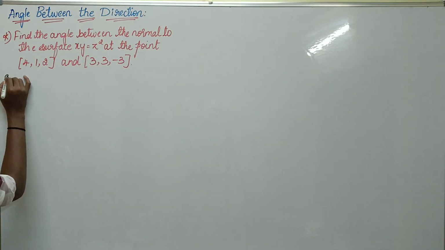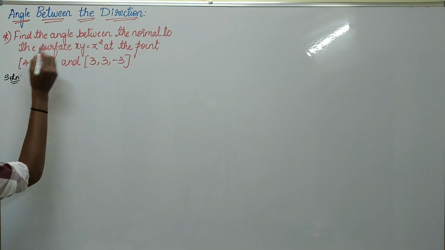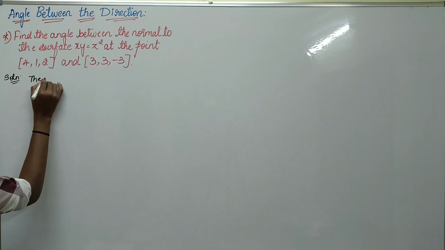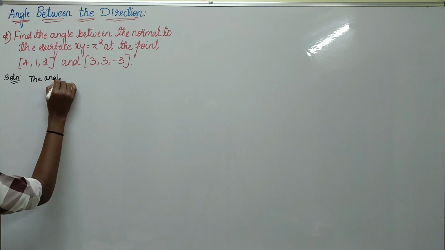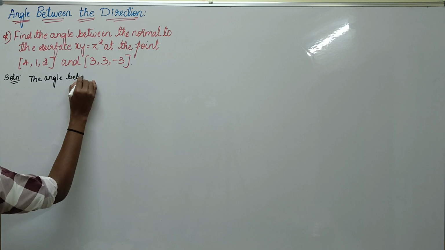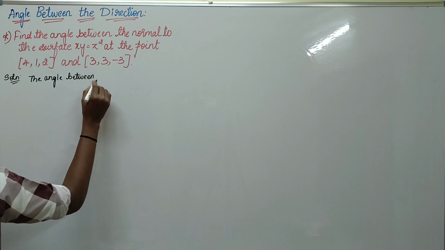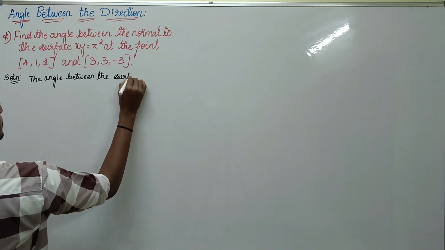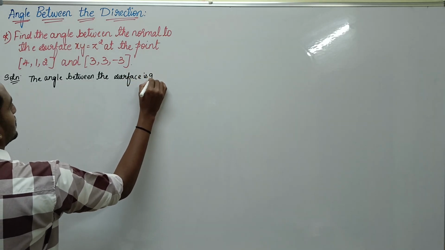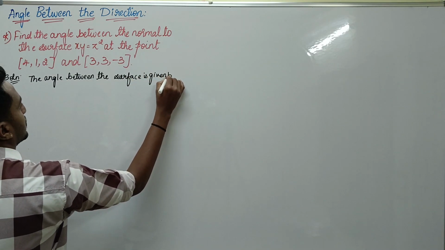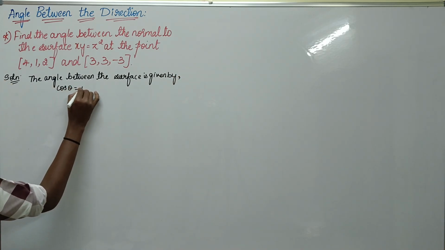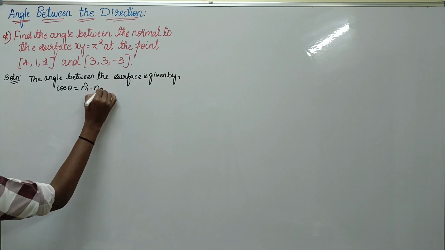First, represent the angle between the surfaces or the directions. The angle between the surfaces is given by cos theta, which is equal to n1 cap dot n2 cap.